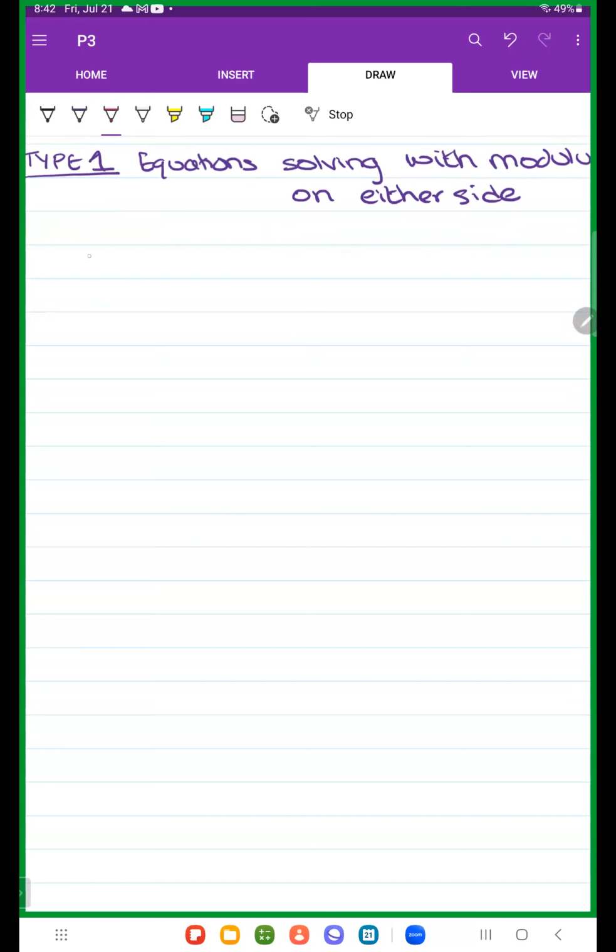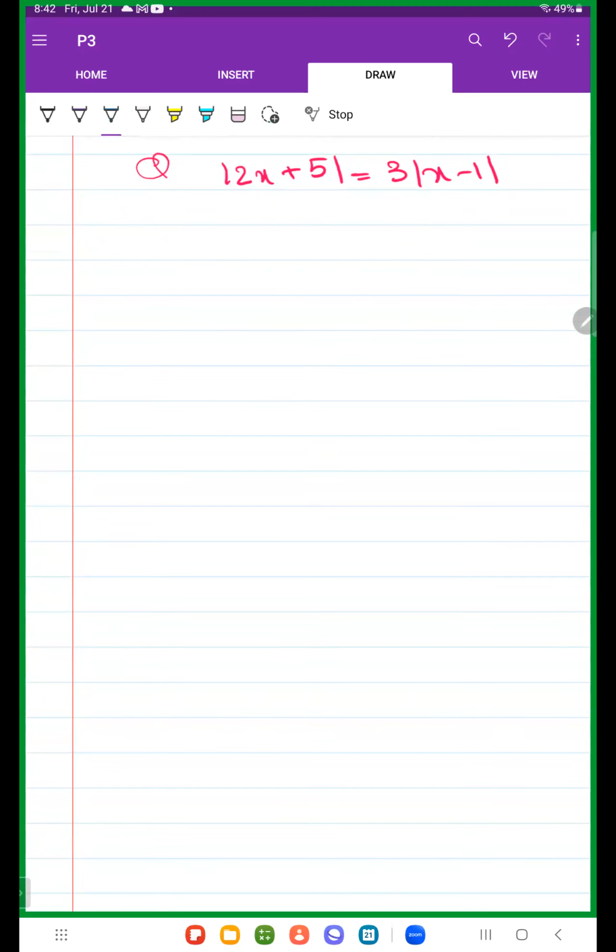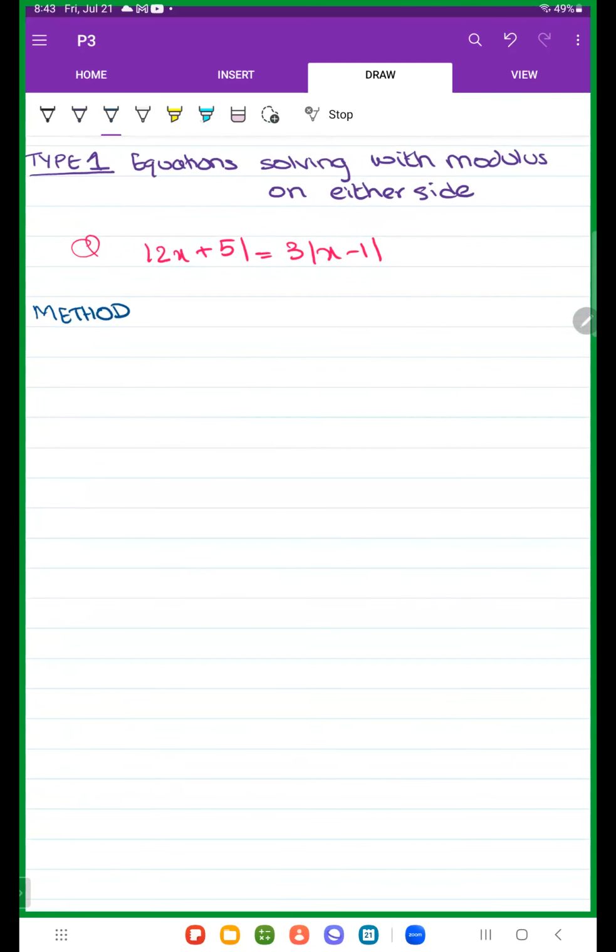So for example, you have a question. 2x plus 5 is equal to 3x minus 1. So what you do for this, the method is, let me write down the method. You will only follow one method. We follow this method when we have a modulus on either side.